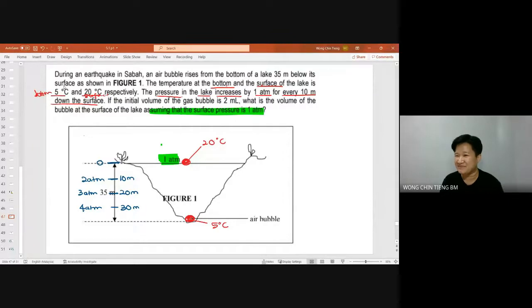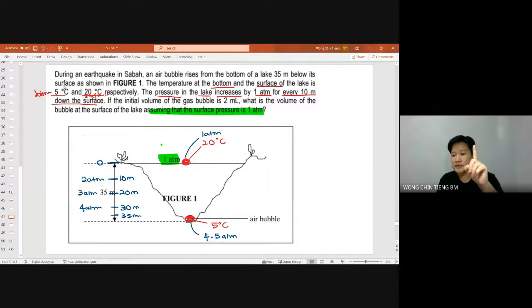Betul kawan-kawan? So, the pressure over here at the top is 1 atm. The pressure at the bottom is 4.5 atm. Setuju? Kenapa daripada 4 atm jadi 4.5? Sebab we are going down only by 35 meter. So, daripada 30 meter kepada 35 meter, kita hanya turun 5 meter.